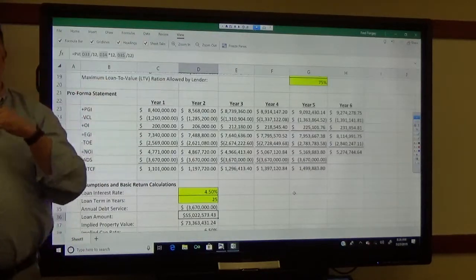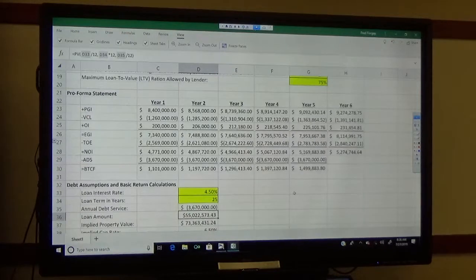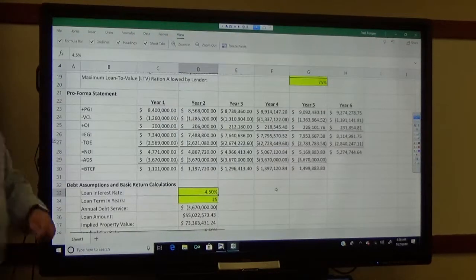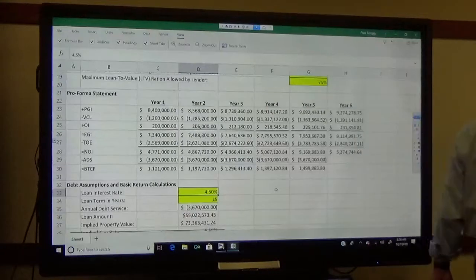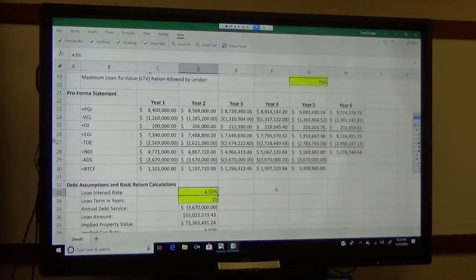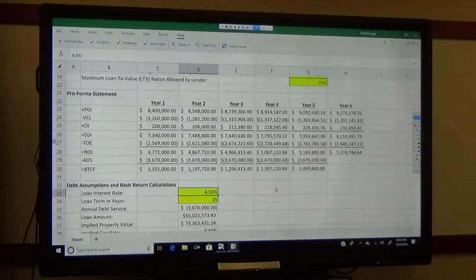Okay, so let's take it and modify a couple of things just to see what impact it would have. All right, so let's start with the interest rate. Okay, let's just, first of all, just so that we don't forget, we're saying that right now our maximum loan amount is $55,022,573.43.